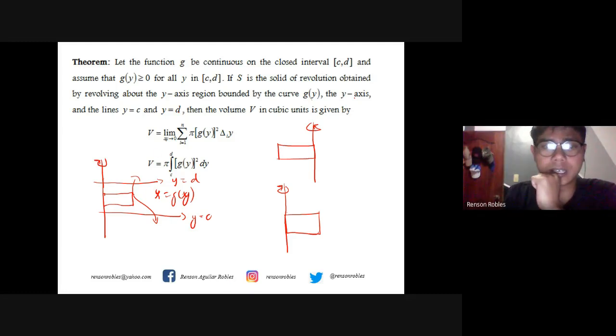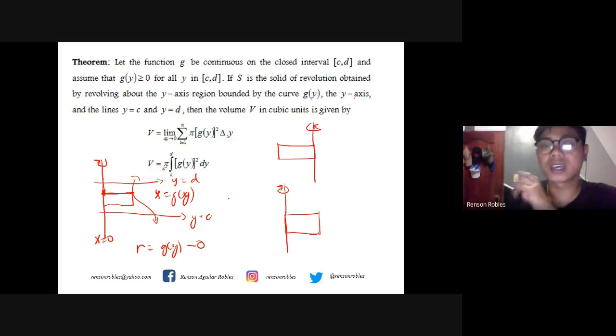So that is the x right and x left, where the x right is the function g of y, and the x left is the line x equals 0. So r equals x right, g of y, minus the left side, which is 0. So the volume is pi times the integral of (g of y) squared dy evaluated from c to d.